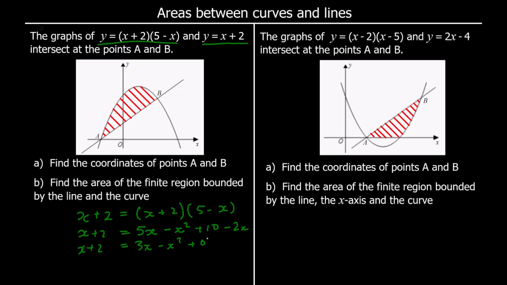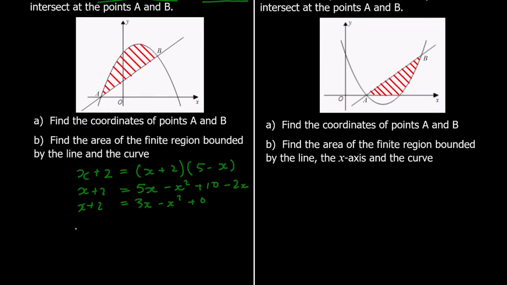I'll move everything over to the left side and make it equal to 0. So we've got x squared, we've got x take away 3x, so minus 2x, and 2 take away 10, which is negative 8.